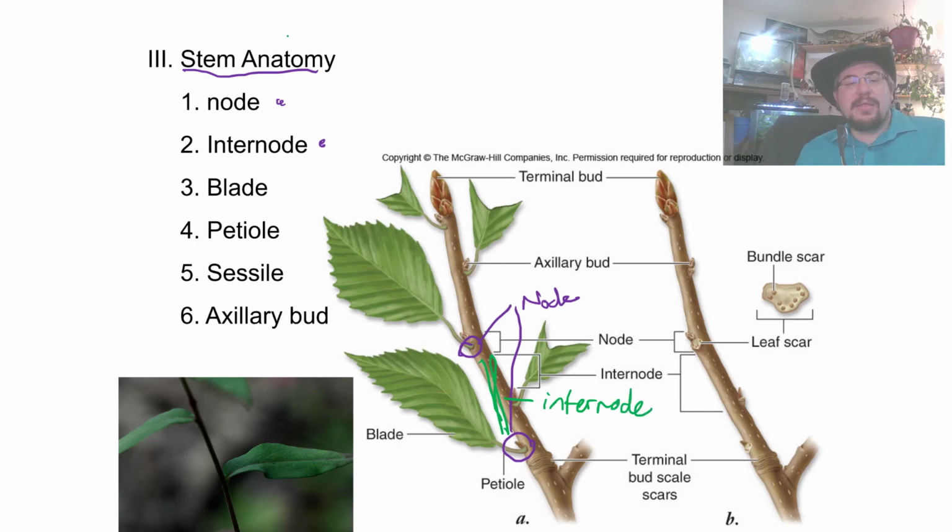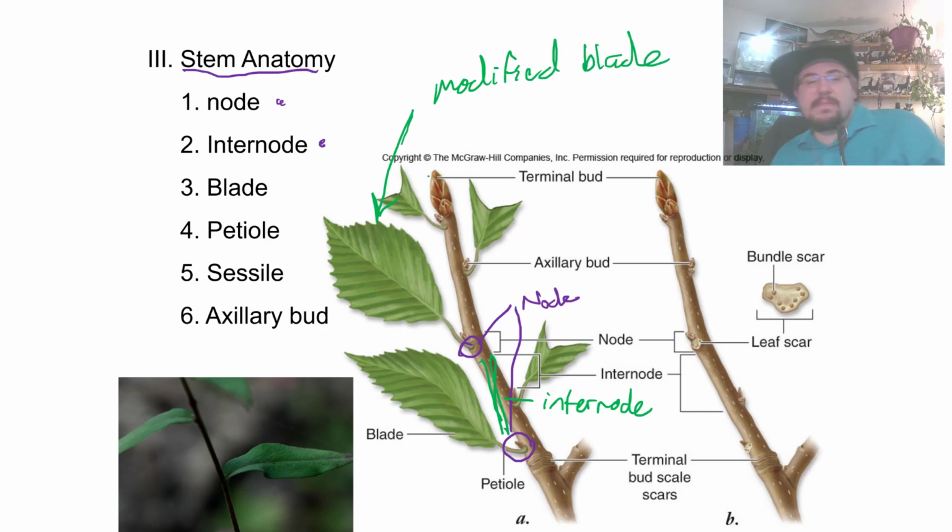Right. The blade, the modified blade of a stem, is our fancy science term for a leaf. So it's a modified blade, and it makes photosynthesis a lot more efficient to have all that tissue around it. Okay, there are a number of things that we can find here. The petiole is present.